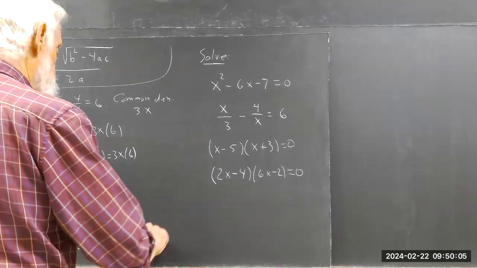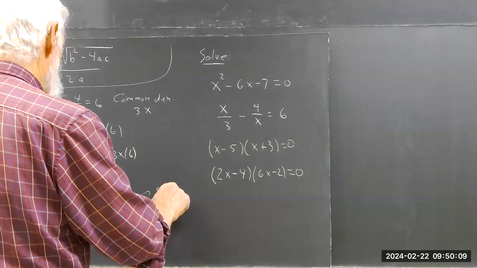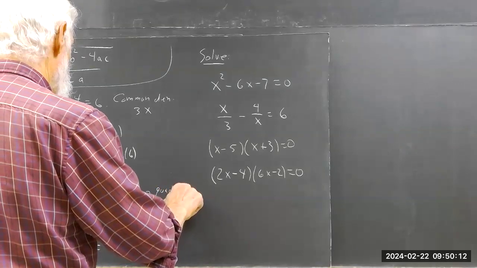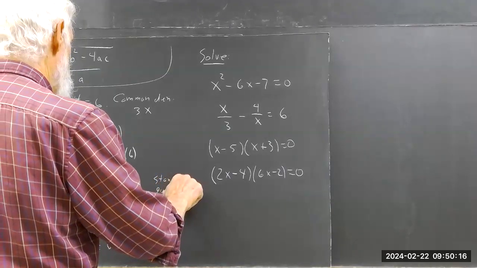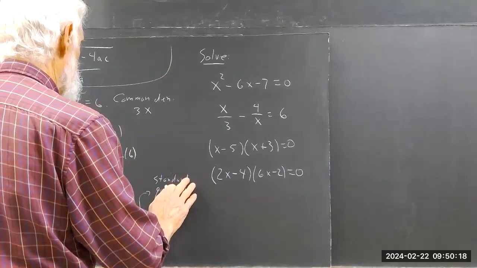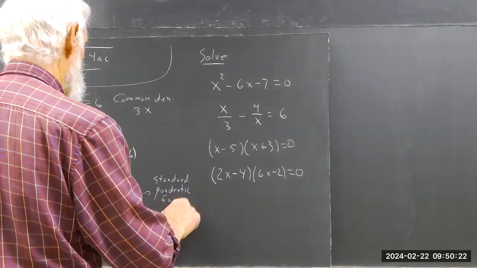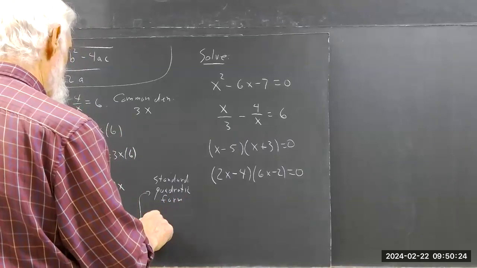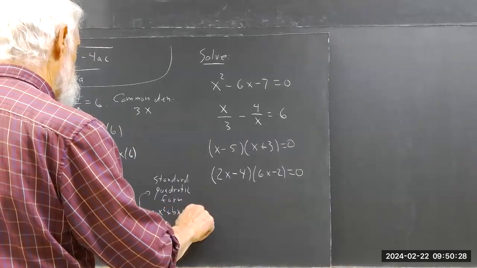So now this is standard quadratic form. ax squared plus bx plus c equals 0.